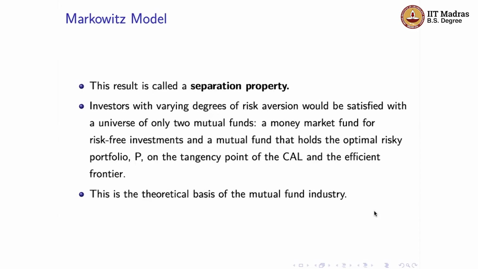But in the absence of such frictions, the result is quite strong, which says that there should be the same optimal risky portfolio for all the investors, regardless of the risk aversion. The only difference is going to come from the fact that different investors having different risk profiles would be putting different weightage on this optimal risky portfolio in their complete portfolio, right? So that's the end result.